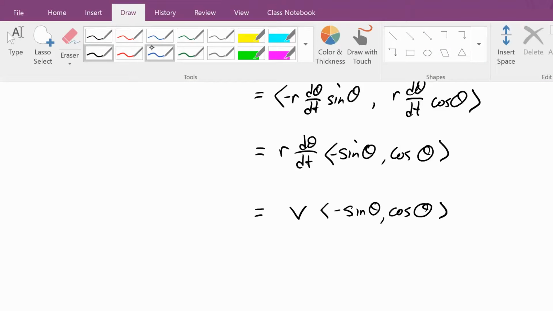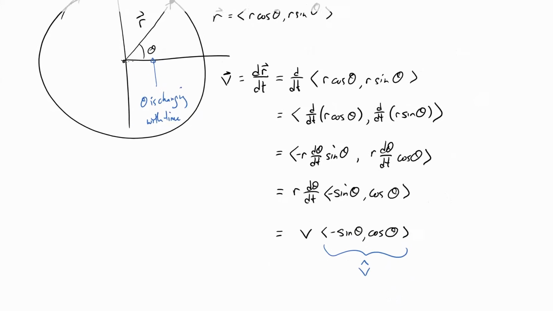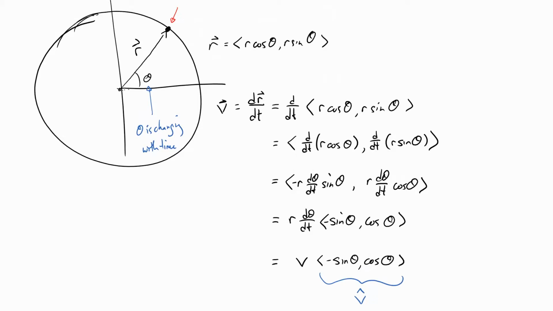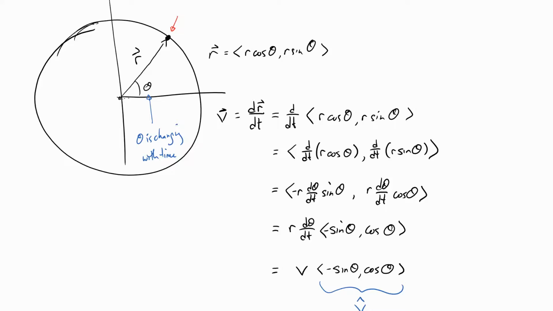This is the direction of my velocity. It is a unit vector in that direction. And so what direction is this? What is minus sine theta cos theta? All right? So the x component of my velocity is now the opposite of the y component of my position.